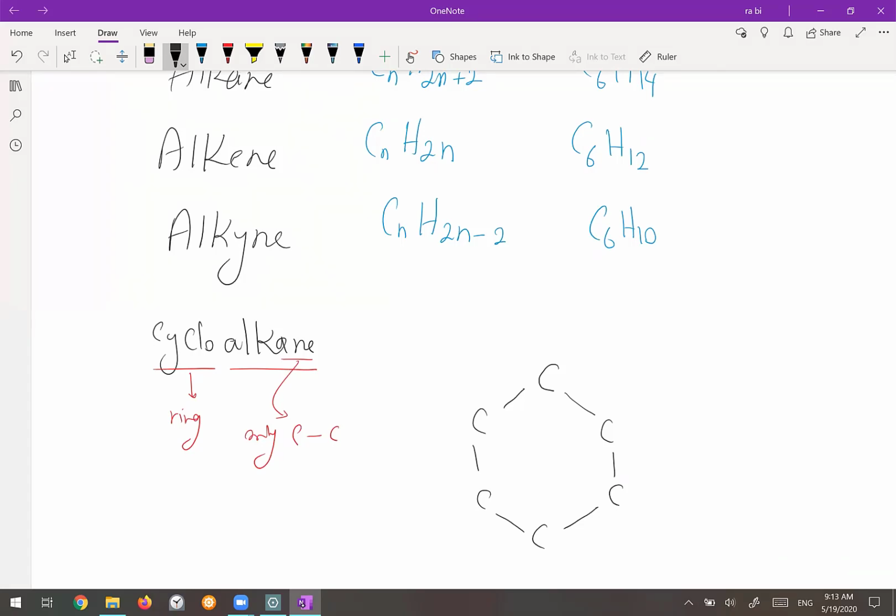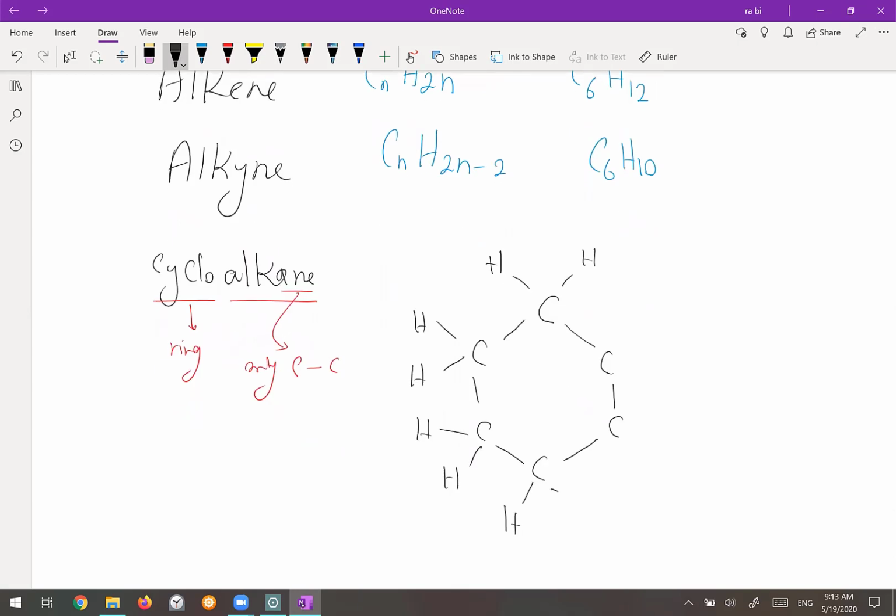Each carbon has already 2 bonds, so 2 valence electrons remain for them. They must be shared with the hydrogen. So each one of these carbons shares electrons with 2 hydrogens. So now the structure is complete.